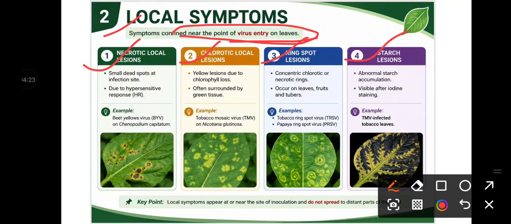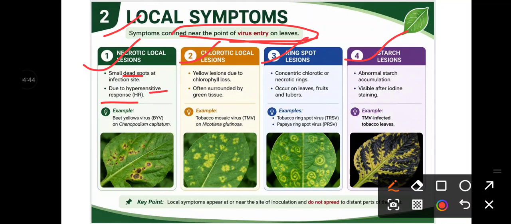First is the necrotic lesion. Necrosis means cell death. Here a small dead spot at the site of infection will be seen, and that dead spot is due to the hypersensitive reaction. Hypersensitive reaction is due to the oxidative burst.